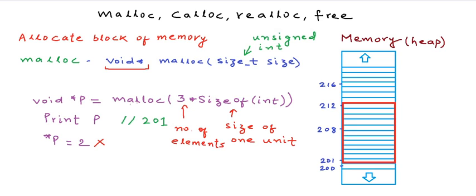Because malloc itself is a generic function to allocate some number of bytes in memory in the heap, it does not care whether you are allocating this memory to store a character, an integer, or any other data type. It simply returns a void pointer to the starting address. To be able to use this block of memory, we first need to typecast this void pointer into a pointer of some data type.